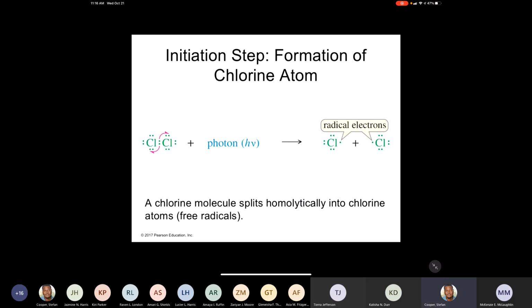We'll talk about these arrows more on Friday, next class. But if you see here, these are half arrows. It's not a two-sided arrowhead, it's a single arrowhead. That's describing the movement of 1 electron.